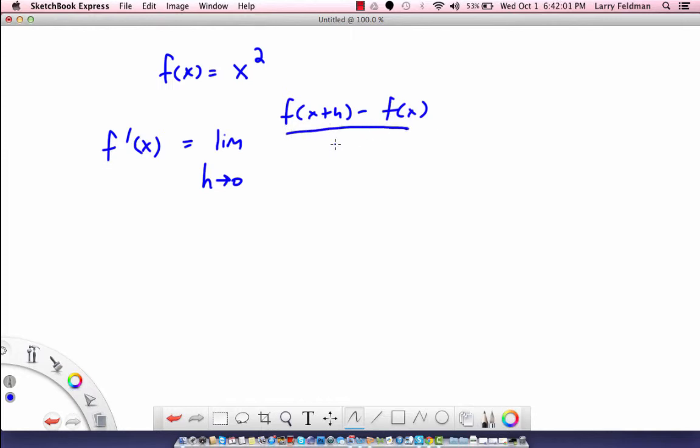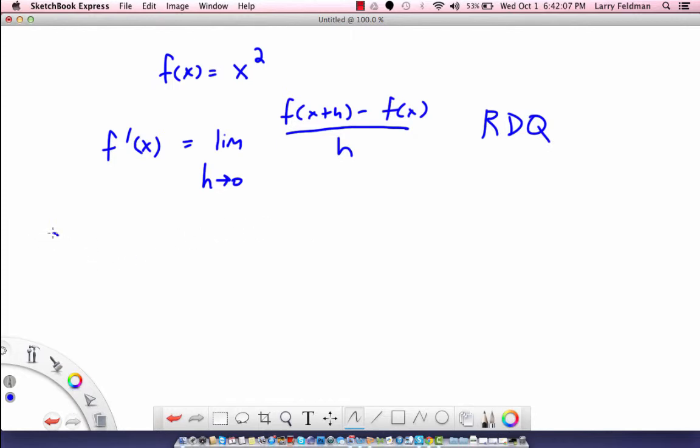Let's say f of x is x squared, as we talked about earlier. So the derivative, which is the slope of the tangent line, is the limit as h approaches 0 of f of x plus h minus f of x all over h. And this is called RDQ, or right difference quotient.